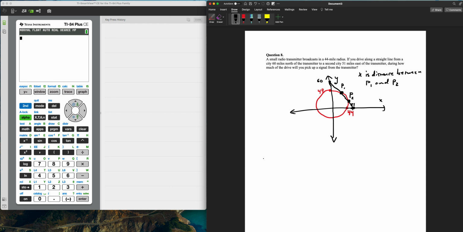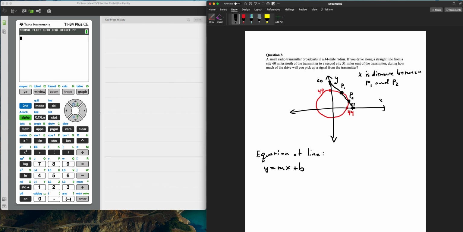So let's write out a couple of equations here. First, we're going to write the equation of the line. We could simply use y equals mx plus b for that. So b is 60 because that's the y-intercept here.